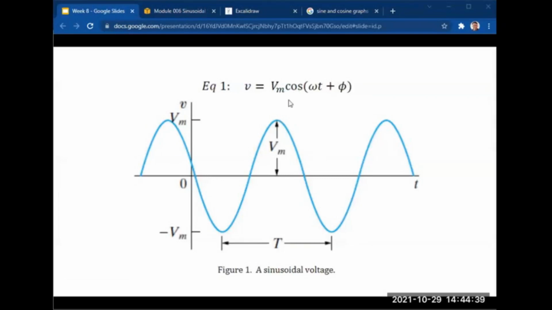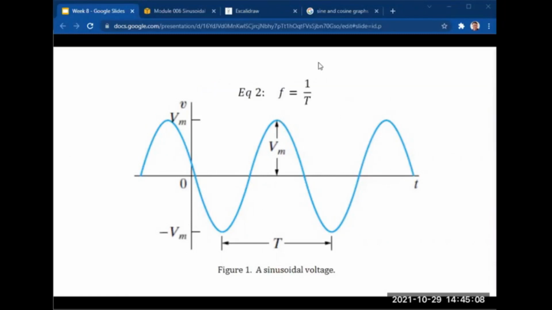Then cosine, omega, time, and phi will be discussed later. Here we are only discussing V and Vm. Again, V is the value of the voltage which varies over time. Vm is the maximum voltage the sinusoidal voltage can acquire.